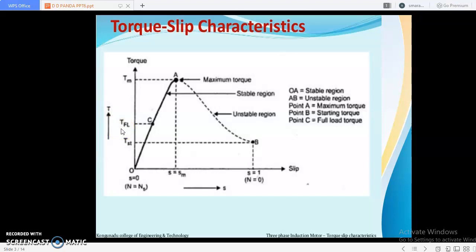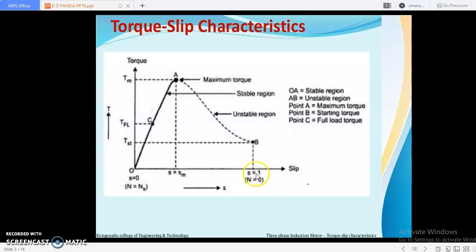From this graph we can see this is the point where slip is 0 and this is the point where slip is 1, the starting condition, as the slip formula is (Ns minus Nr) by Ns.